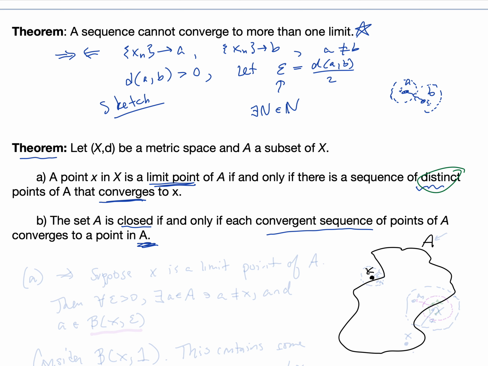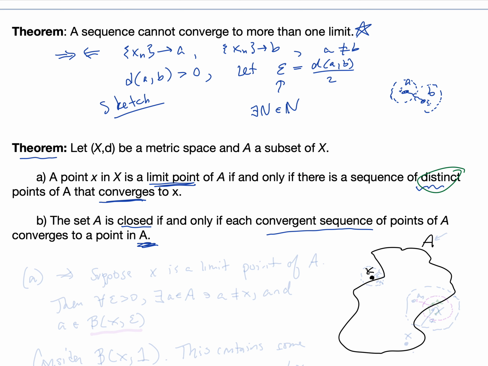And the set is closed if and only if any convergent sequence of points of A, if it converges, must converge to a point of A, not somewhere else in the space.